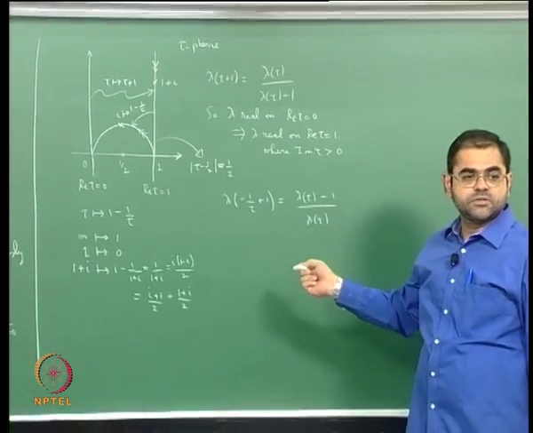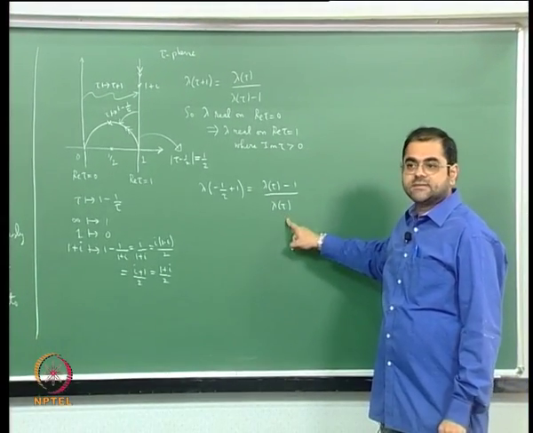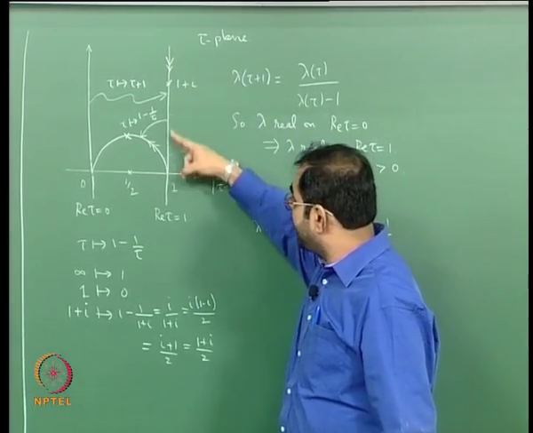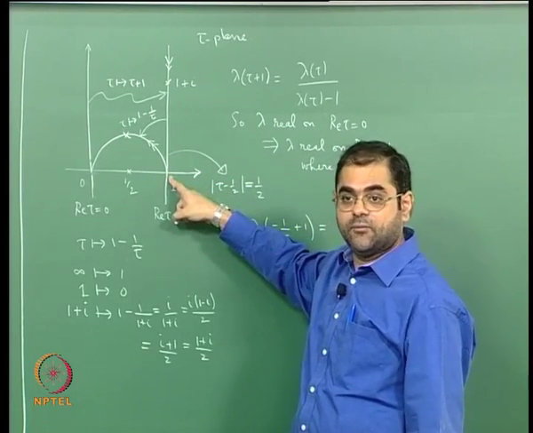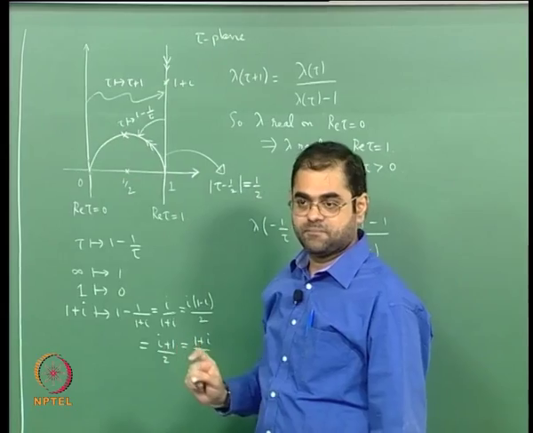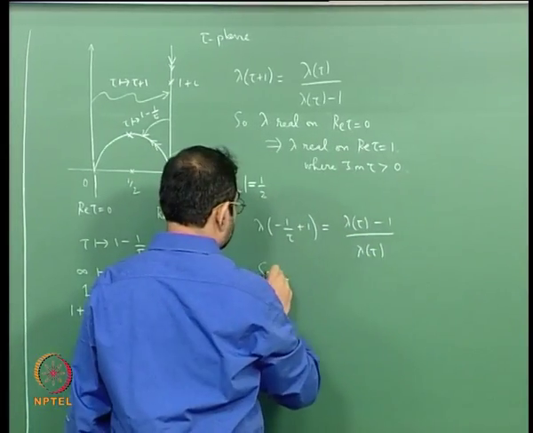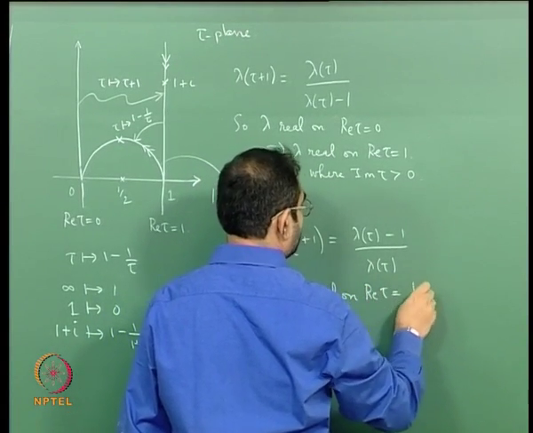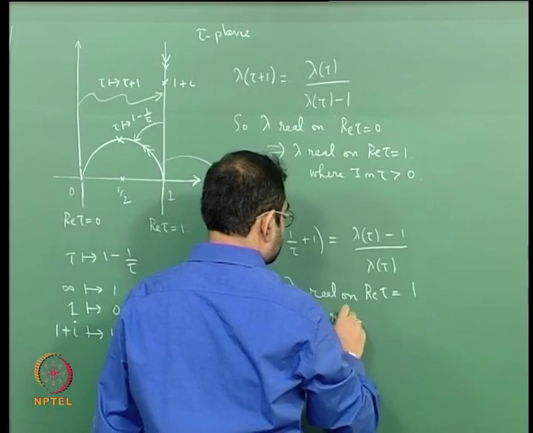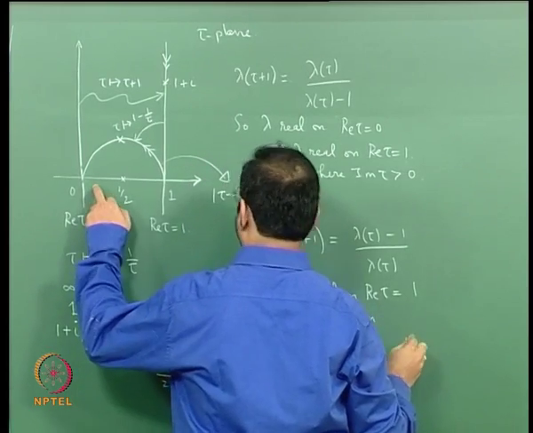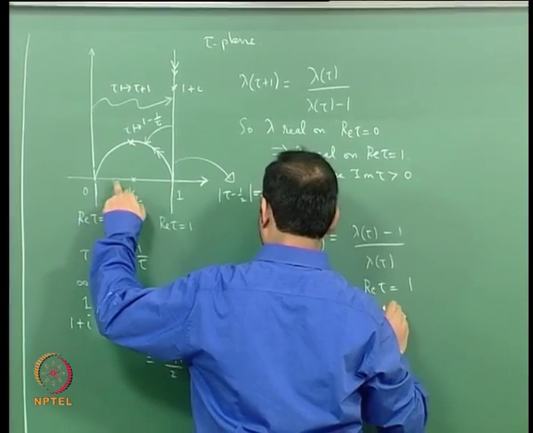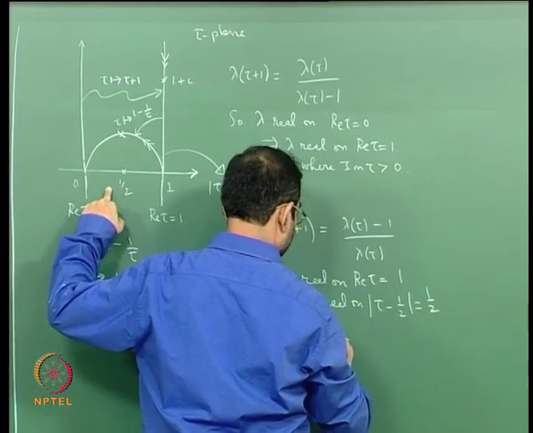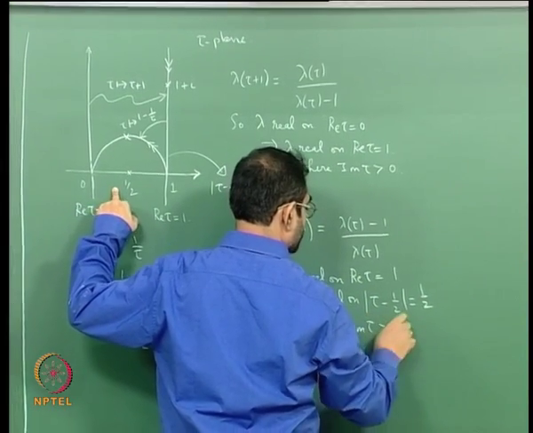We proved also this functional equation. Now what does this tell you? This tells you that if you knew that lambda is real on this, you can then conclude that lambda is real on this. So lambda real on real part of tau equal to 1 implies lambda real on this semicircle for imaginary part of tau positive.